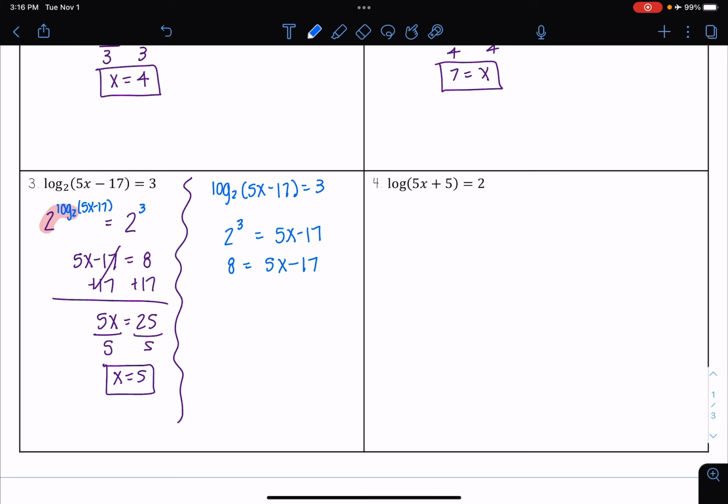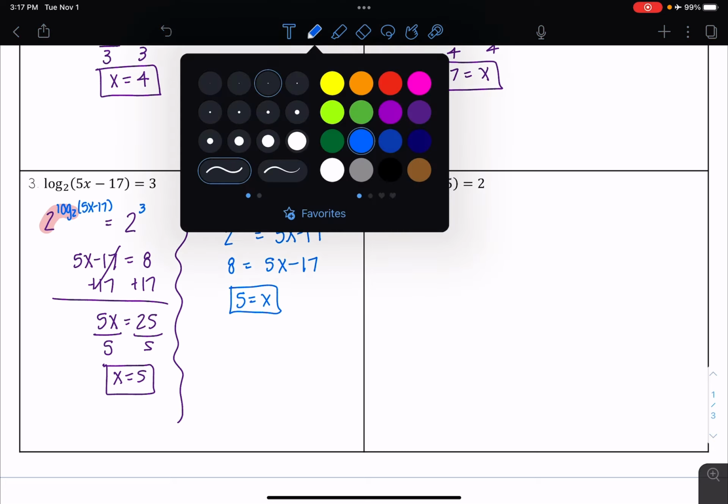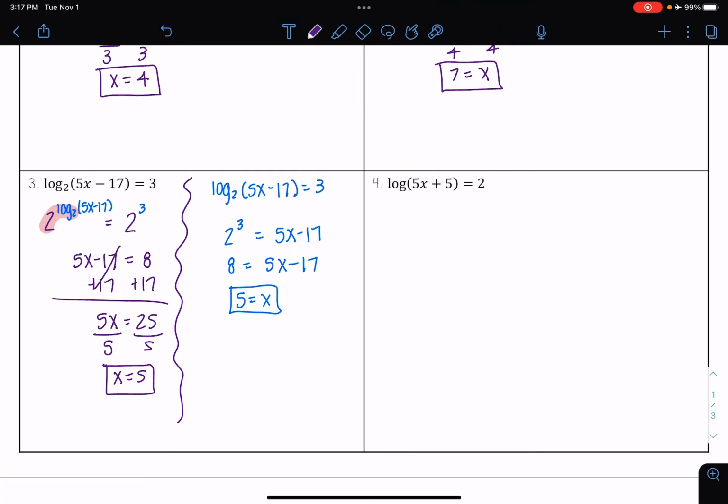I end up with the same equation, that 8 is equal to 5x minus 17, and when we solve that, we get that x is equal to 5. So either way works. I'm going to stick with the first method just so we can get more practice with how we can get rid of those logs using inverses.